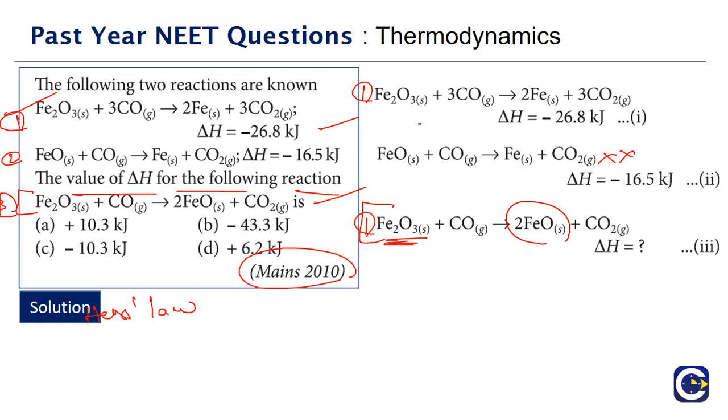Fe2O3 is only in equation 1, so based upon the Fe2O3 number I can decide what change I have to do for equation 1. Then another exclusive substance is FeO. FeO is not coming in equation 1, you can check it. FeO is coming only in equation 2. We require 2 moles of FeO on the product side, but equation 2 has only 1 mole of FeO, and that too on the reactant side.